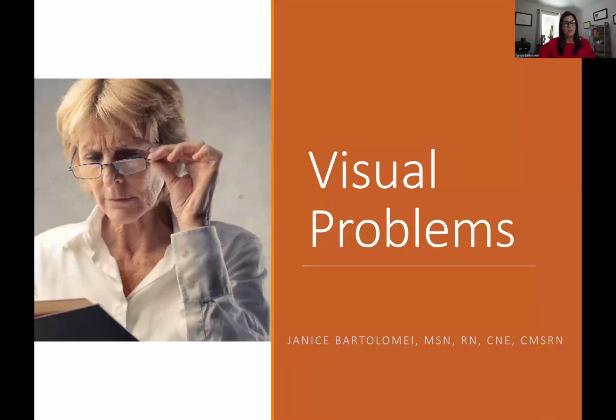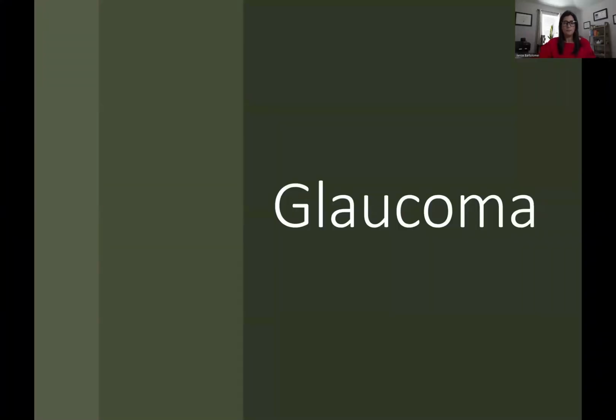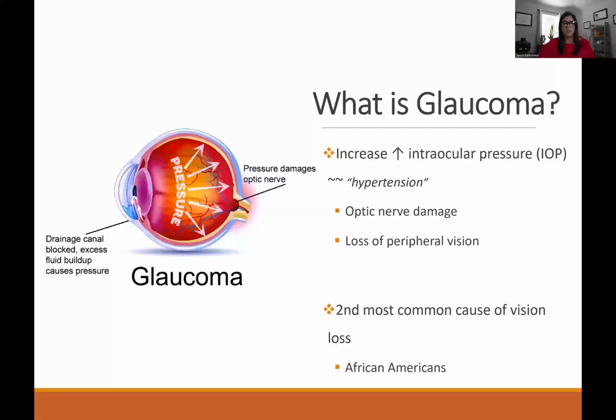There are several visual problems that we're going to be talking about, and number one is glaucoma. Think of glaucoma as the hypertension of the eye. There's a buildup of pressure that increases intraocular pressure.